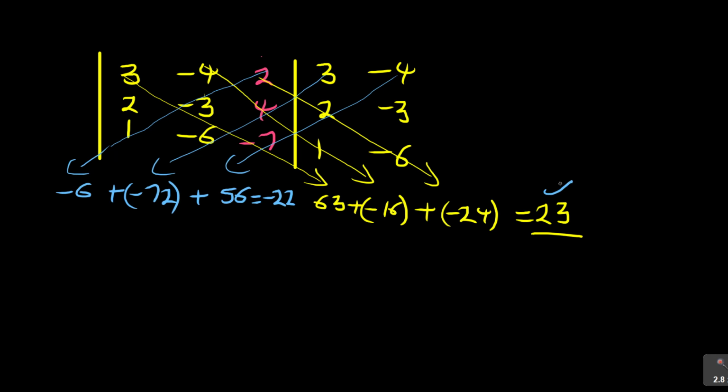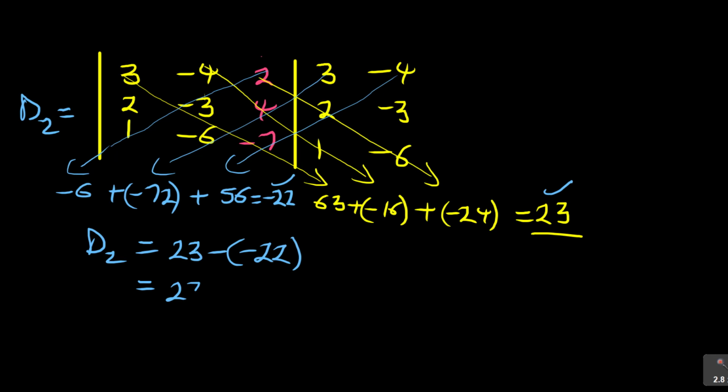We are saying this minus that. So you are saying d of z is equal to, because this was d of z, d of z is equal to 23 minus 22, which is equal to 23 plus 22, and if you do that, you get 45.